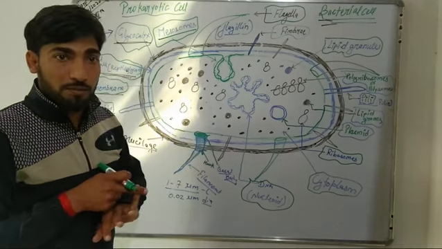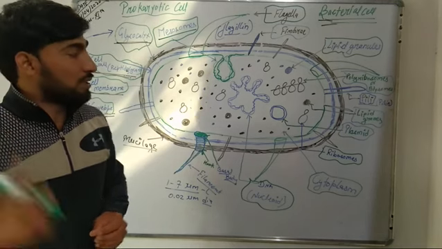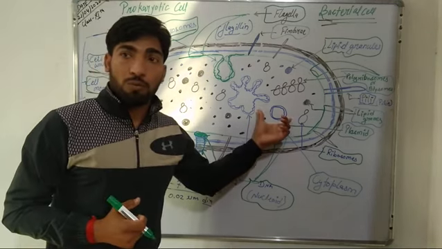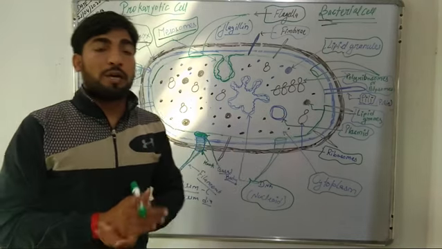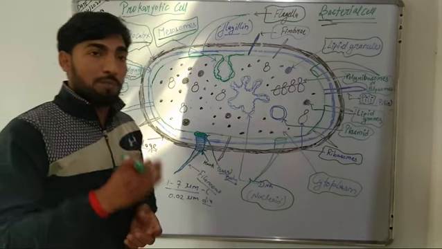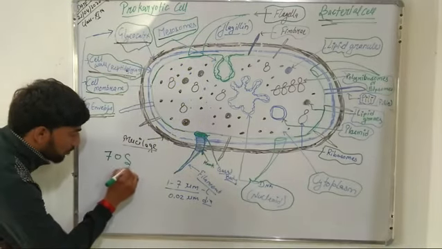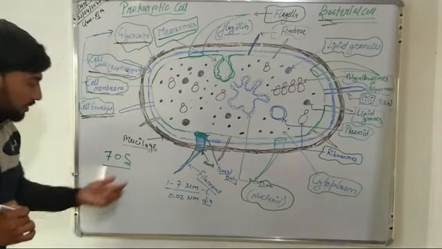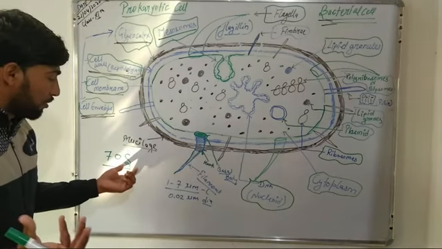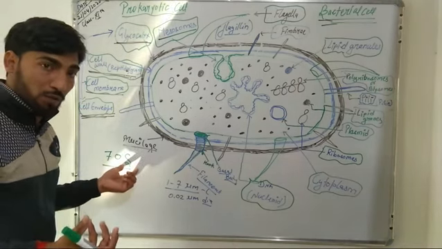Now the second component of the bacterial cell cytoplasm is ribosomes. These ribosomes are membraneless, smaller in size, and they are ribonucleoproteins present in the bacterial cytoplasm. In case of prokaryotic cells, that is bacteria, the cytoplasm contains 70S type of ribosomes. Here S is for Svedberg, or sedimentation coefficient.